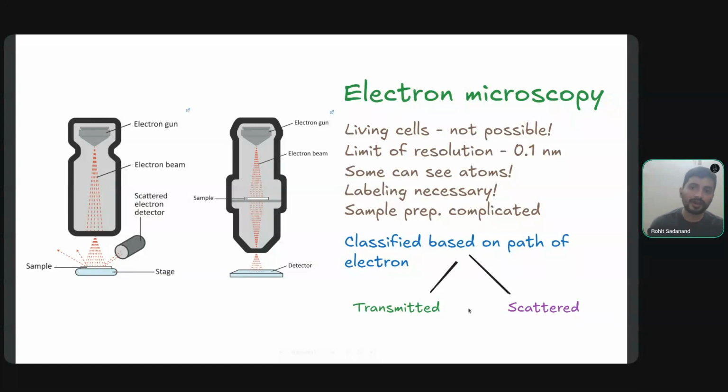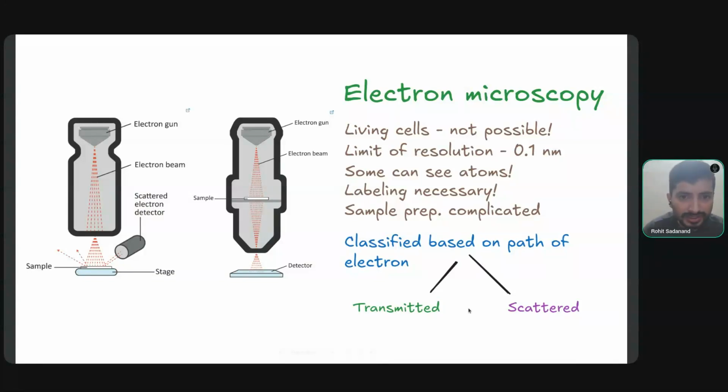And while this is the limitation of electron microscopy, it offers a spectacular resolution of about a tenth of a nanometer, and that is great. The width of the DNA strand, I think, is about 0.2 nanometers.